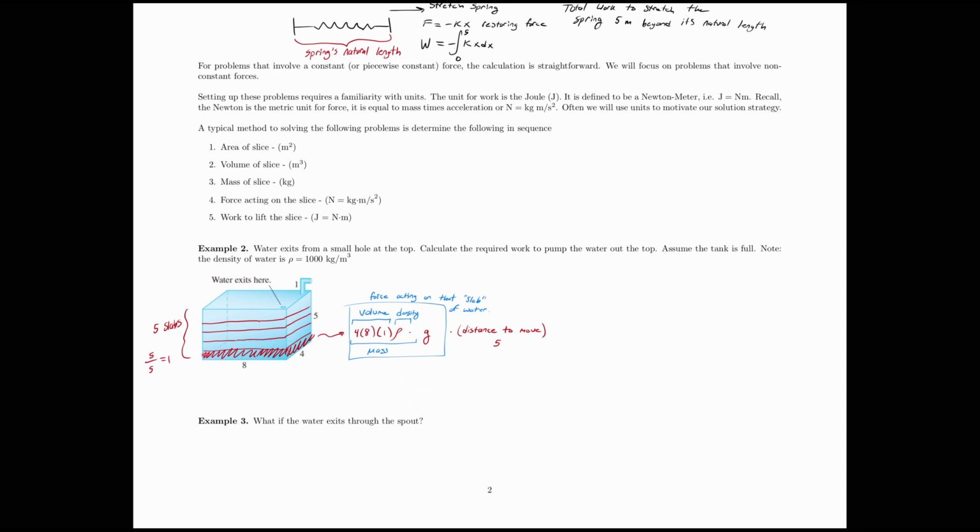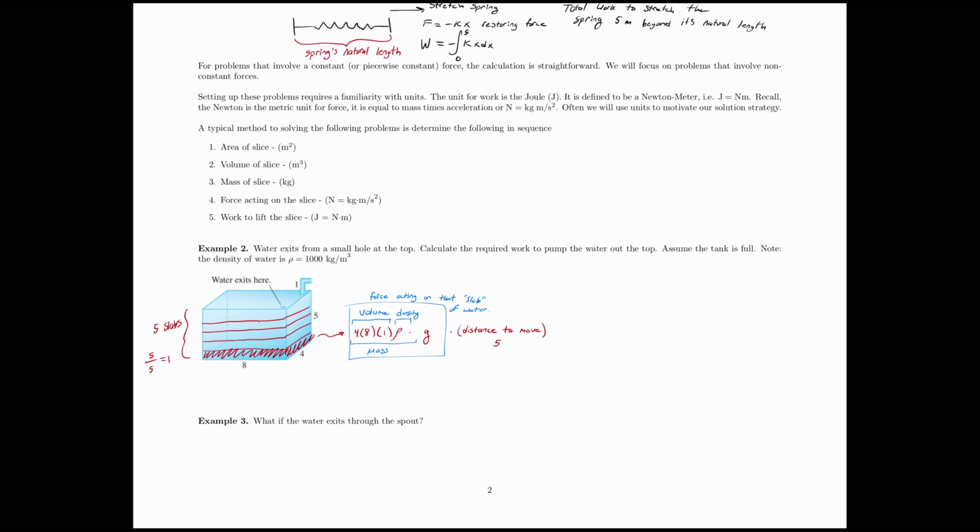And then the slab in the middle here is being moved closer to 4.5 meters in order to exit the tank. So really, it's varying continuously. And that's exactly why this quantity of work needs to be calculated by using an integral.